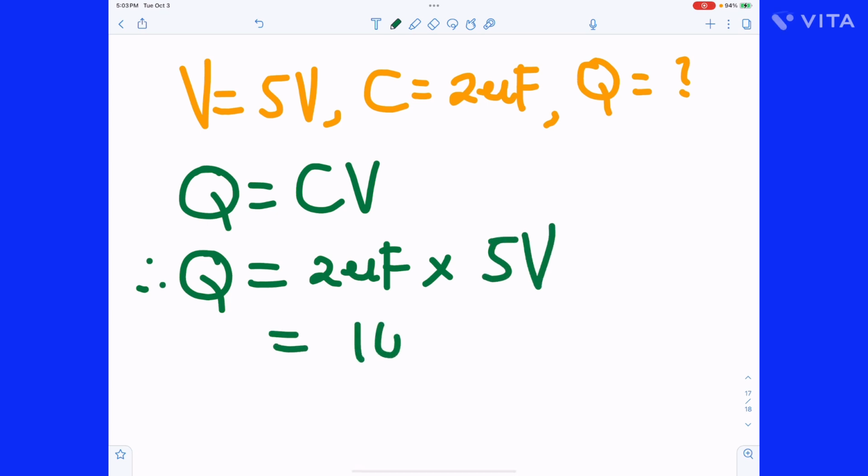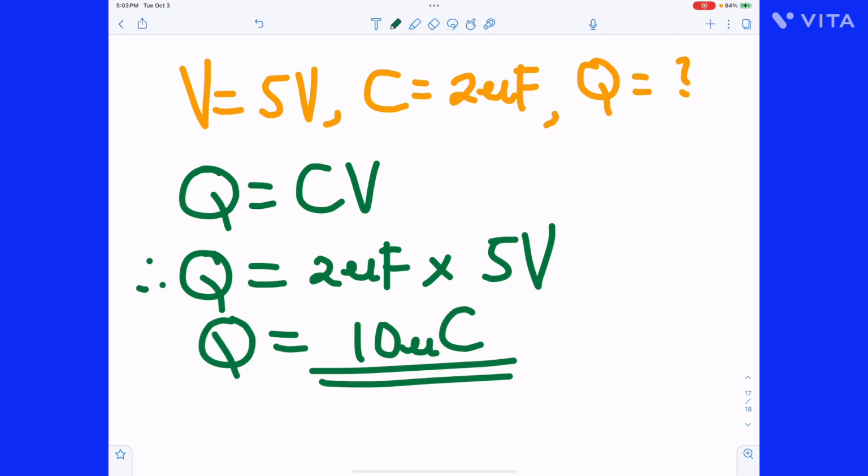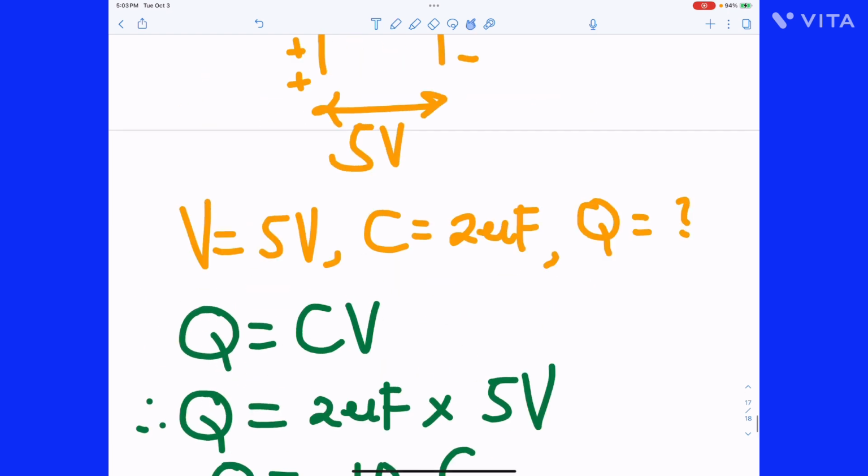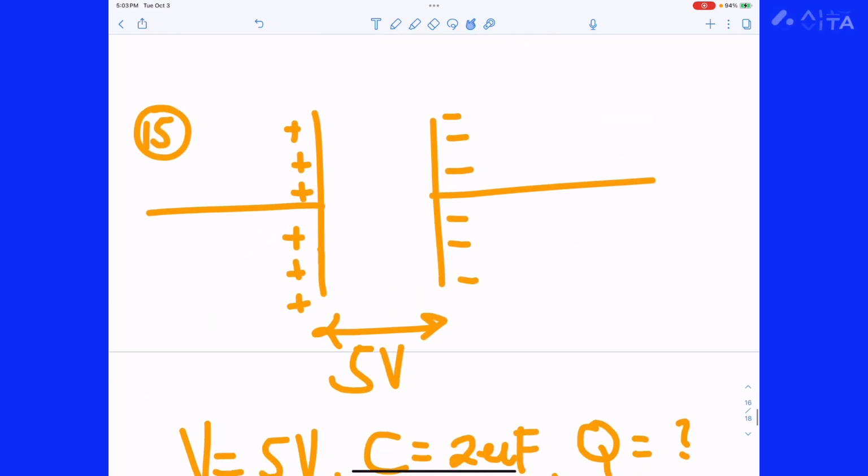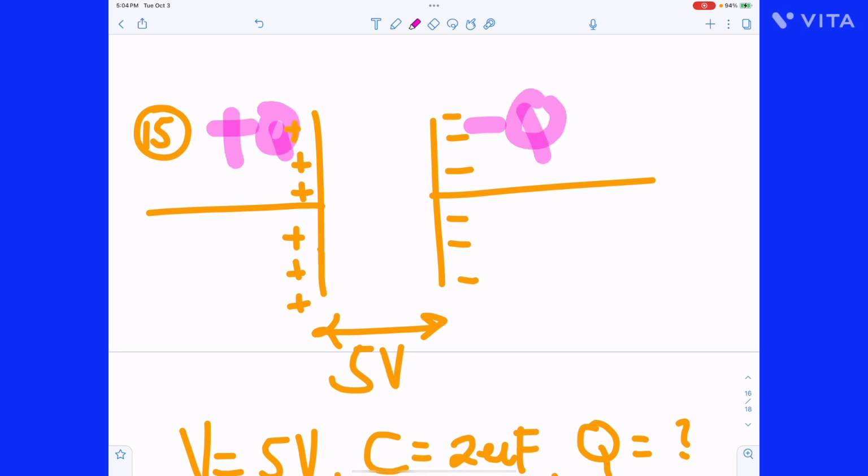That gives you 10 microcoulomb. So the charge stored on the capacitor will be 10 microcoulomb. You understand? Plus 10 on the positive plate and minus 10 on the other plate. The same charge is stored here: minus Q here, plus Q here.